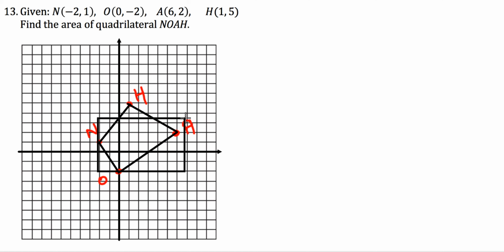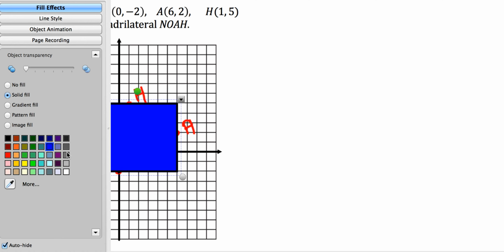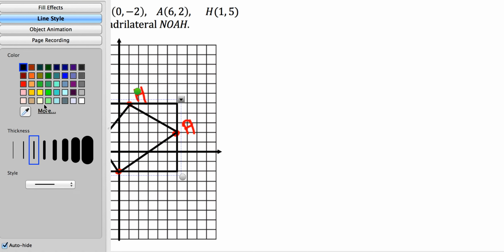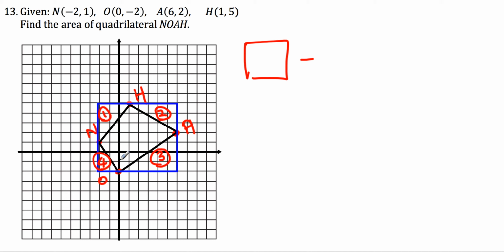And this seems to be the leftmost corner. Alright, so here it goes. To find the area inside, we're going to get the box minus first one, second one, third one, and then fourth one.